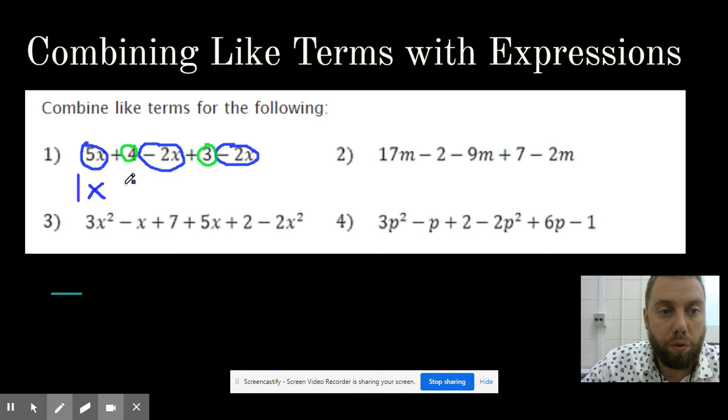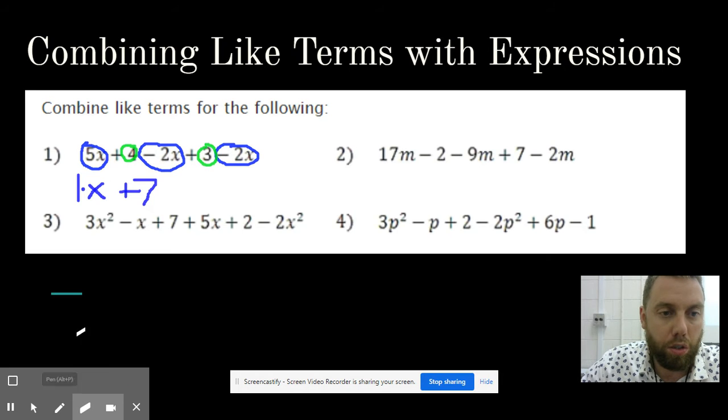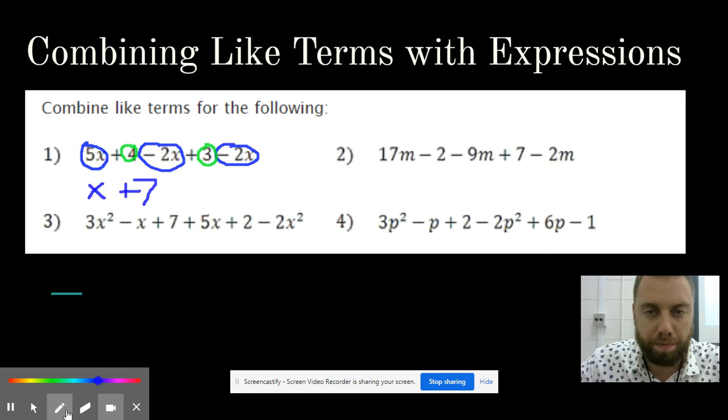And then we have 4 and 3, which is 7. Now, this is absolutely correct, but because we know that 1x is the same as 1 times x, and 1 times x is just x, we need to get rid of this 1 to keep it as simple as possible. It's the exact same thing, it's just simpler.